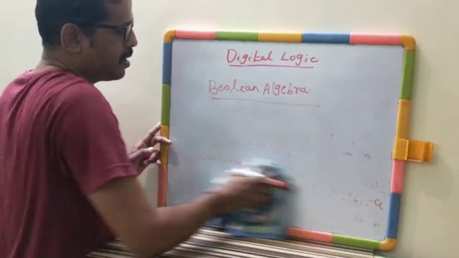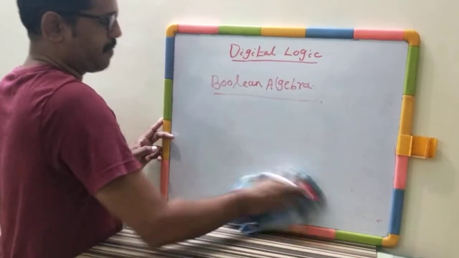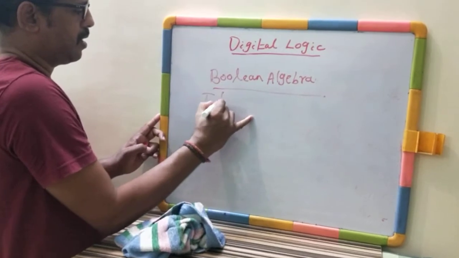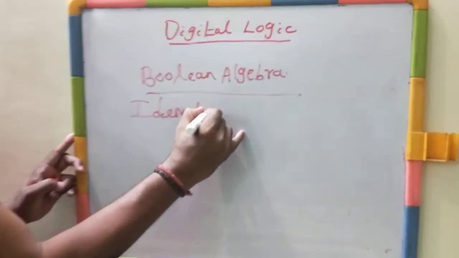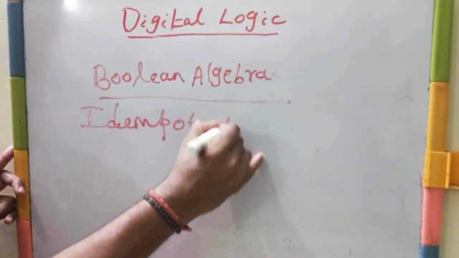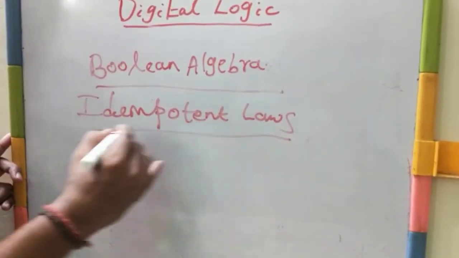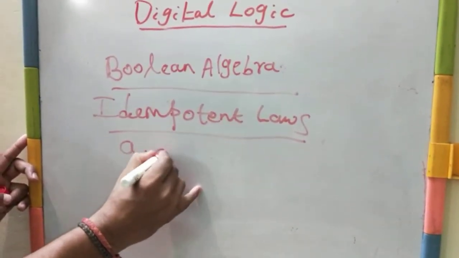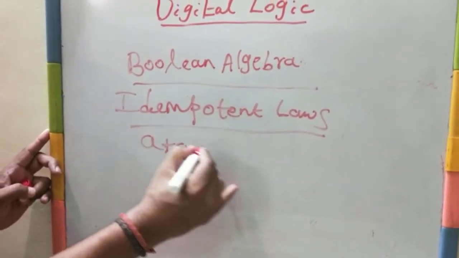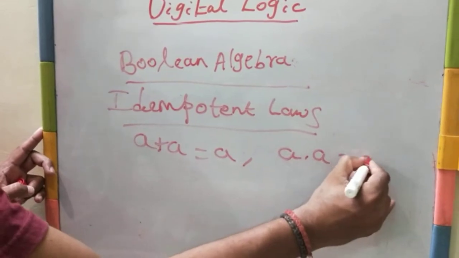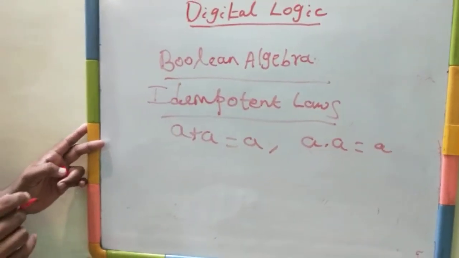The other important laws, idempotent laws: A + A is A, A · A is A, right?